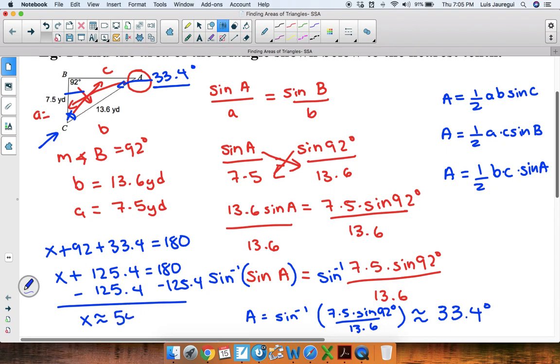So x is about 54.6 degrees. Now we have enough information because we are given this side and the angle included between them. So we're going to be using this first formula.